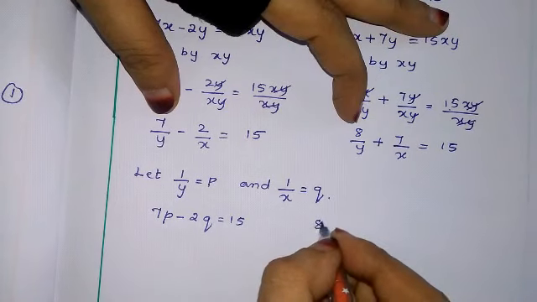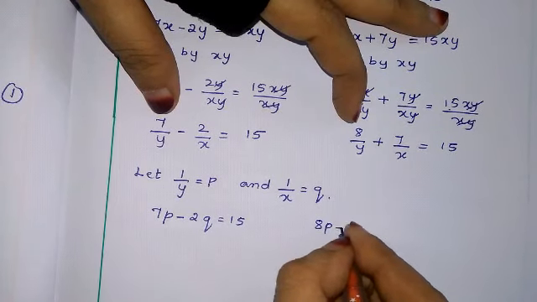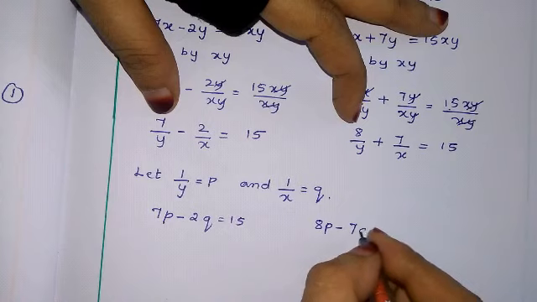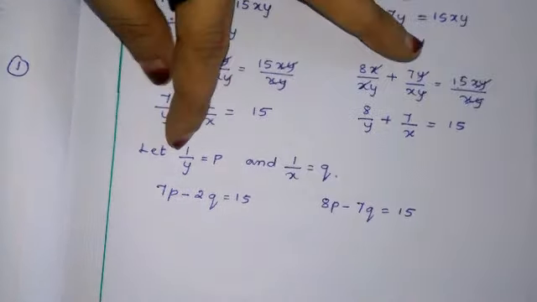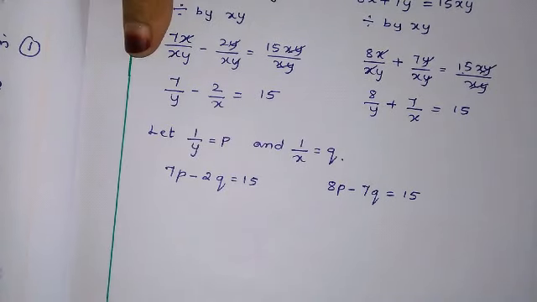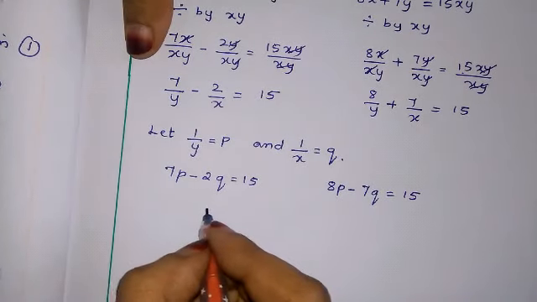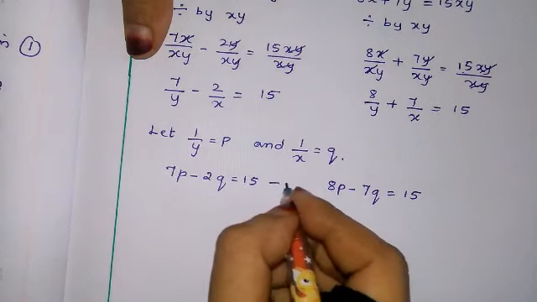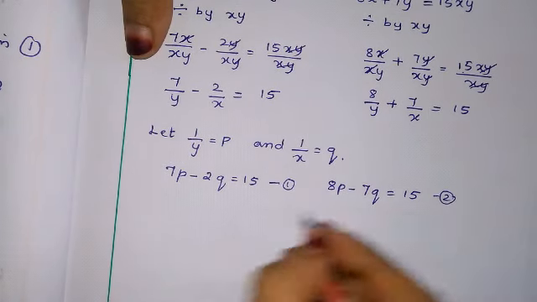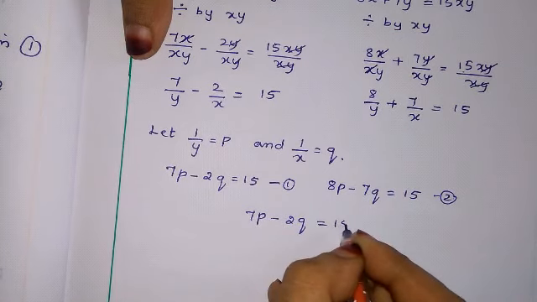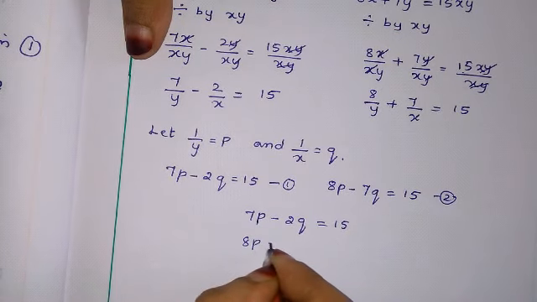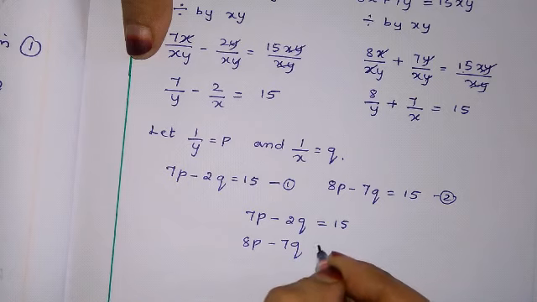This side, 8p minus 7q is equal to 15. Okay. Same as the previous problem. Now solving 1 and 2. Let us solve. 7p minus 2q is equal to 15. 8p minus 7q is equal to 15.